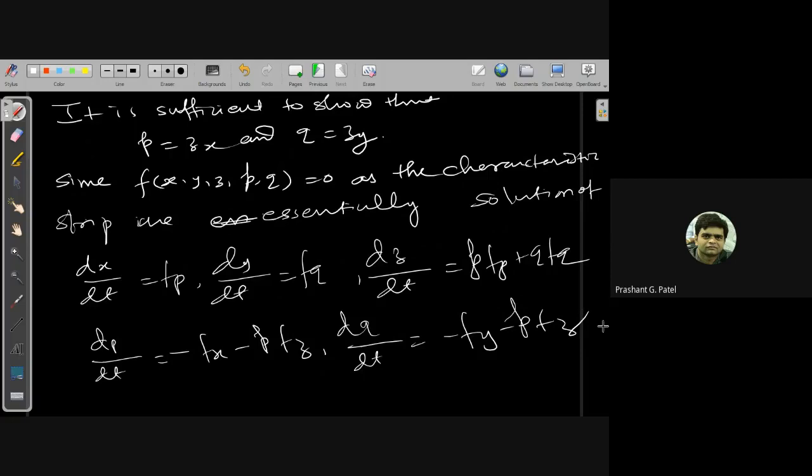Since it is the solution of this, it is sufficient to show that p equal to zx.